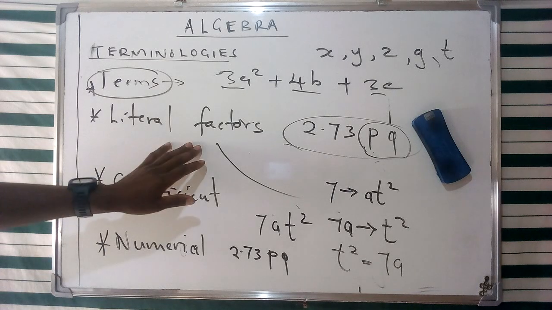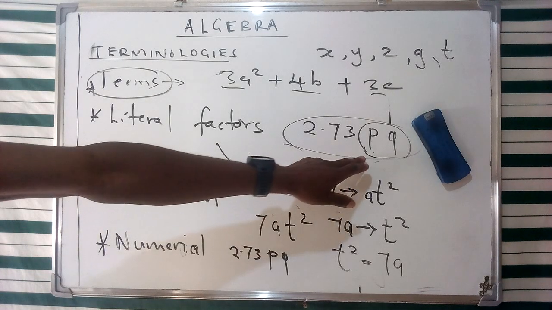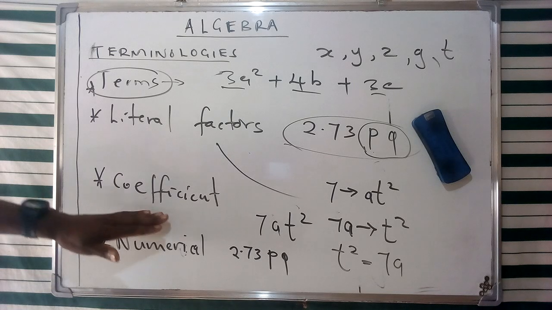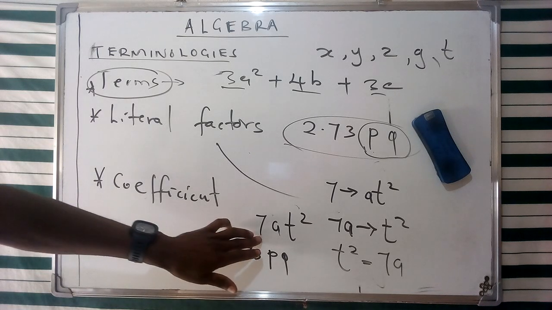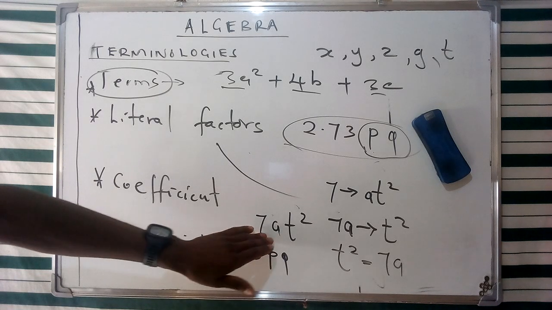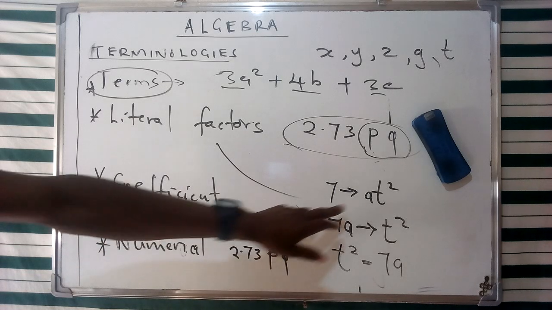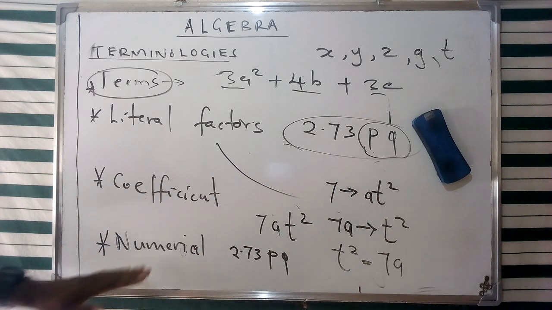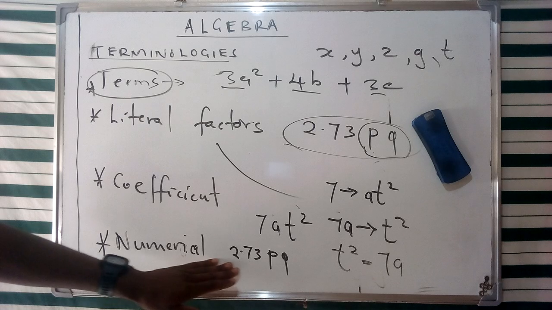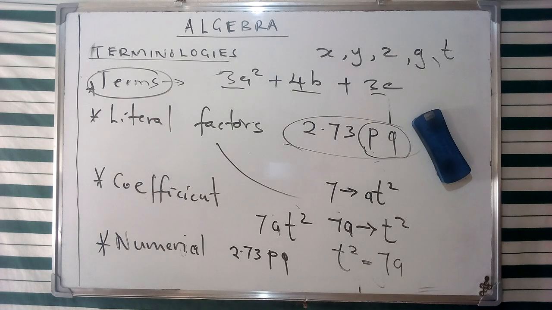The literal factors are the letters given in this specific case. The coefficients are any of the factors of the remaining. If I choose 7, then the coefficient is 8a, and the numerical coefficients are the number aspect of this specific expression.